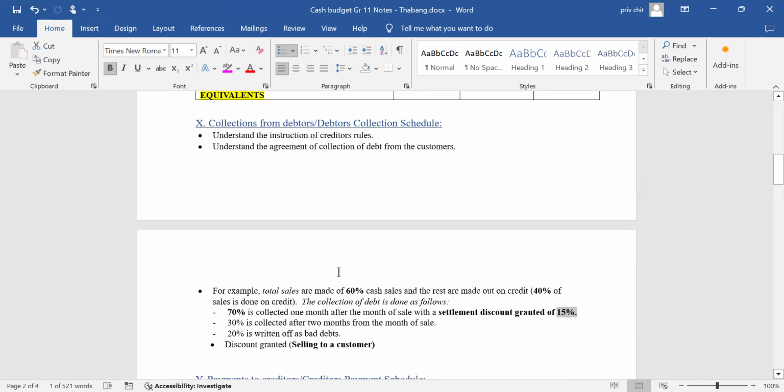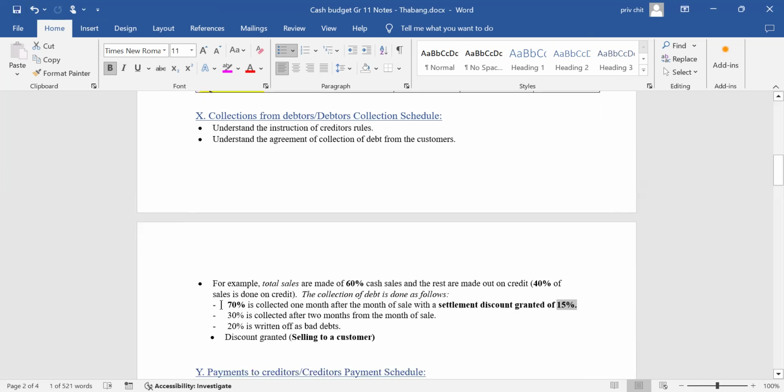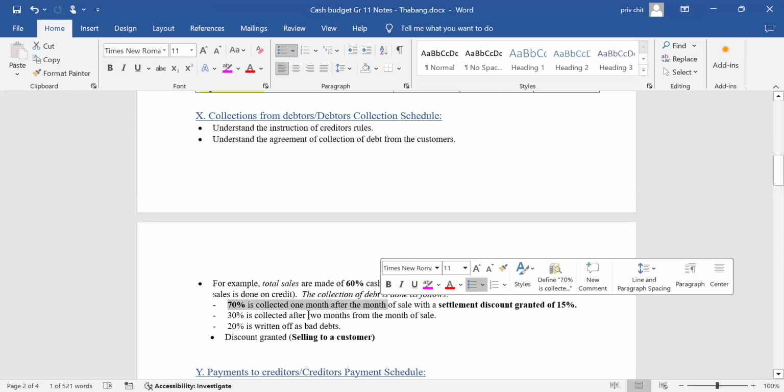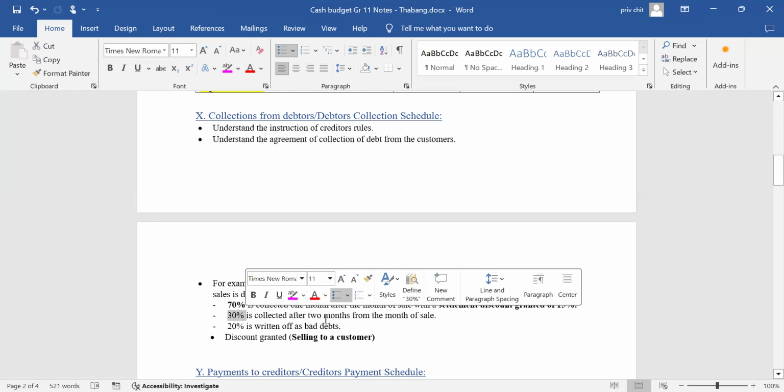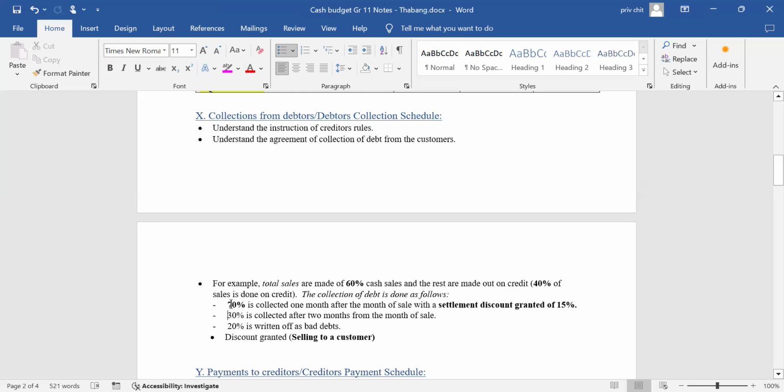Right. But then, of course, that was only 70% of it, collected 1 month after the month of sale. So what about the remaining 30%? How is it going to be collected? They can then say 30% is collected after 2 months from the month of sale, something like that.